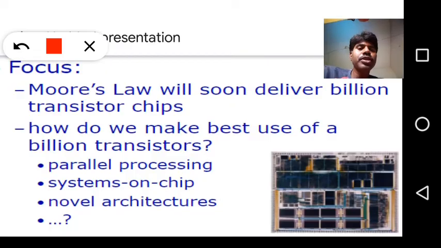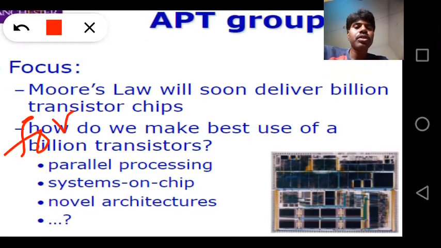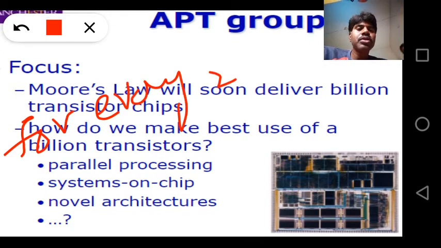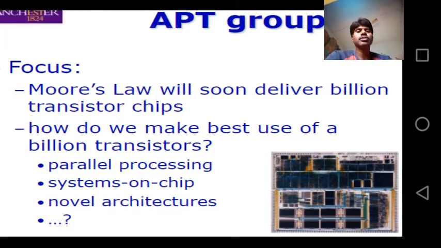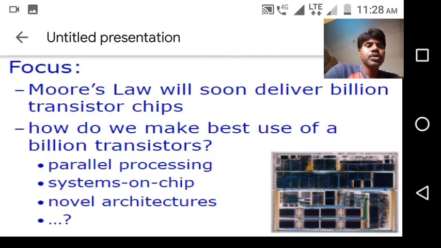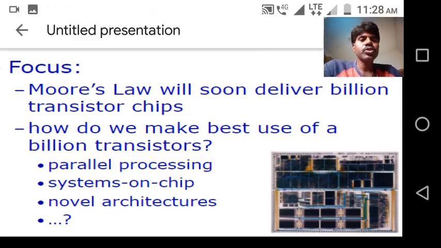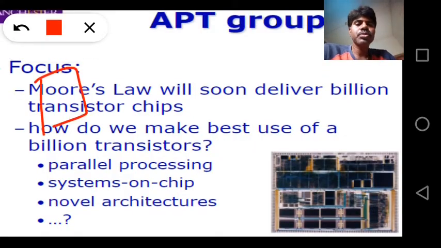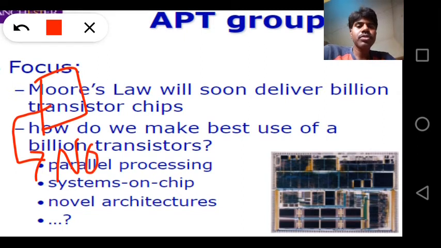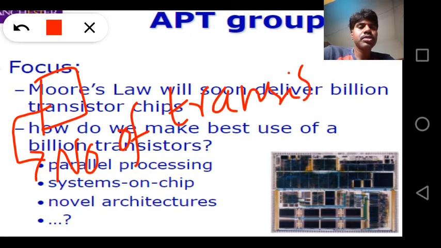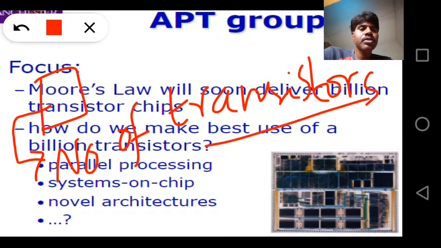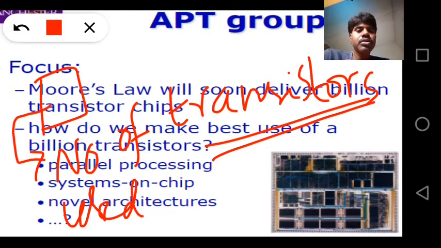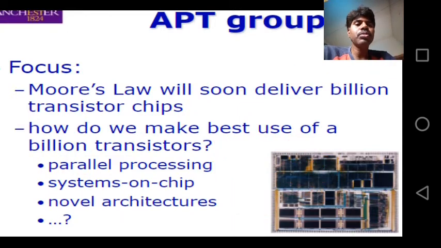So for every 2 years, the number of transistors used in the processor chip will almost double.